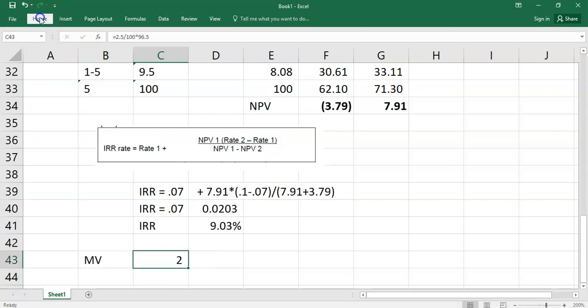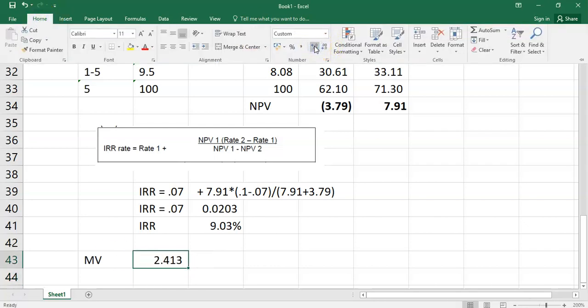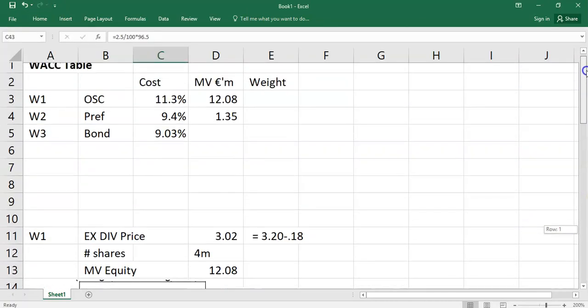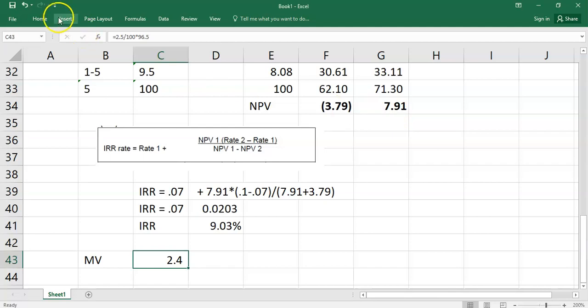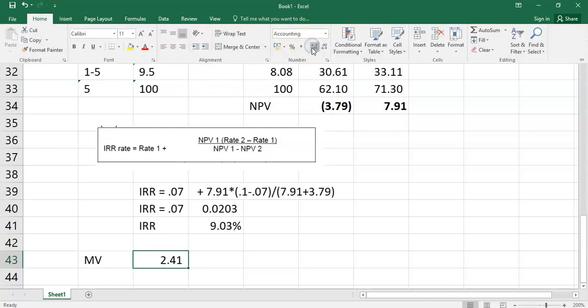When you work it out, to 2 decimals, 2.41 million. So that's your market value of the redeemable debentures, 2.41 million.